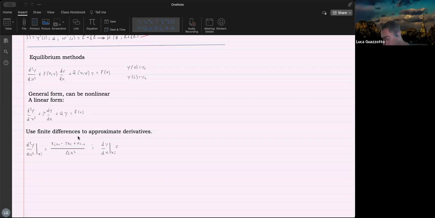So for this one, sorry about that. It's not x, it's y. So here I'm going to write y sub i plus 1 minus y sub i minus 1, and here I'm going to have 2 delta x.